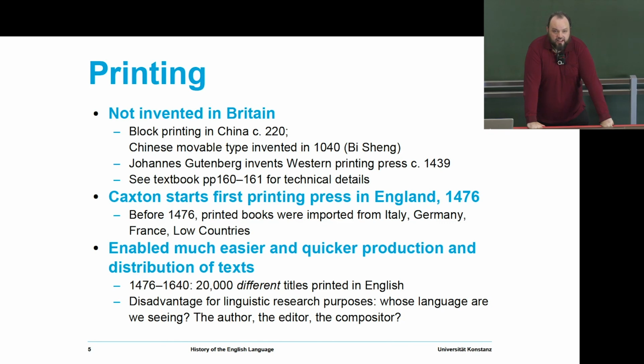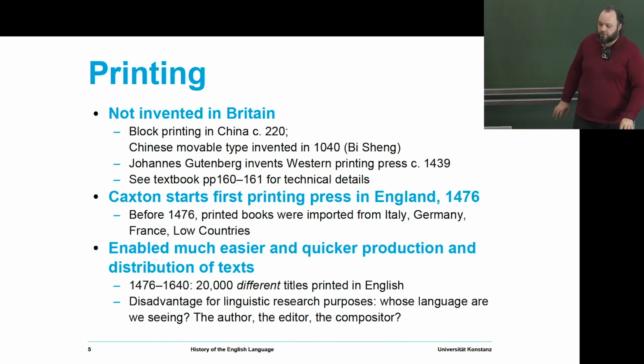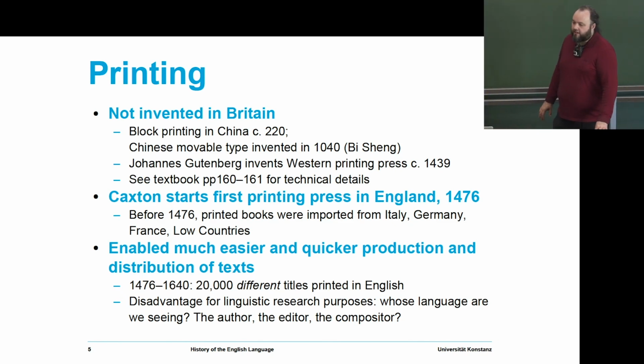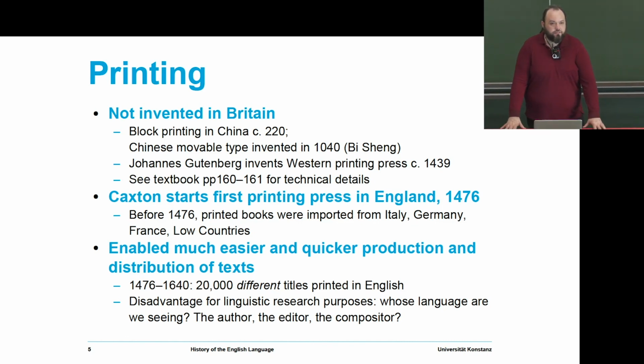And movable type, where you could move around the individual characters, was something that was invented in 1040, again in China. Gutenberg then invents or discovers the printing press that we know and love in the West around 1439.